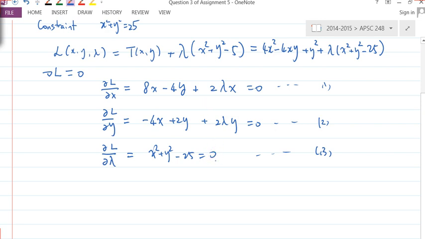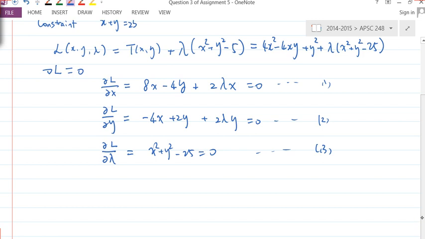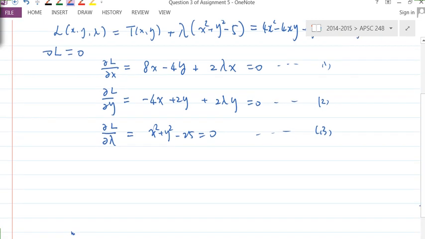But in this particular one, you can try that, and you will see that it ends up with a pretty complicated set of nonlinear equations. Solving that manually proves to be quite difficult. So in this particular case, we'll try a slightly different approach.